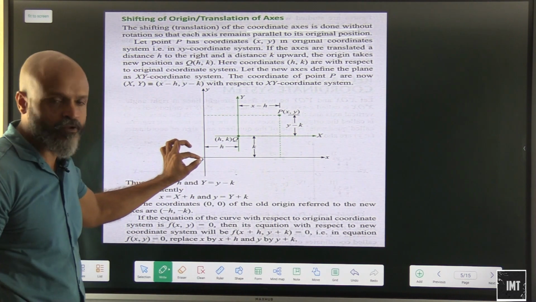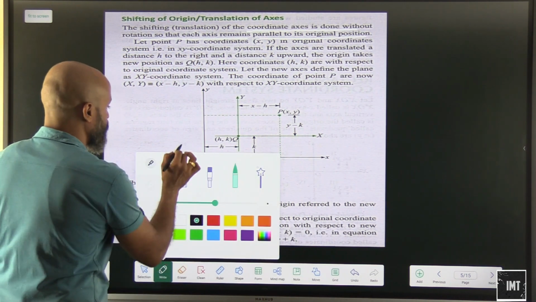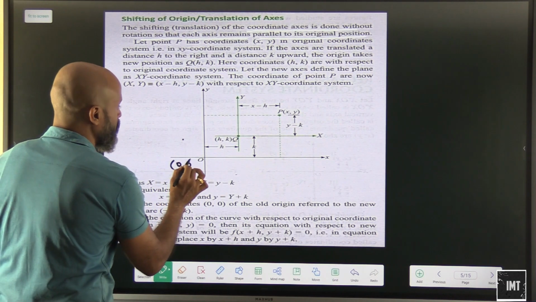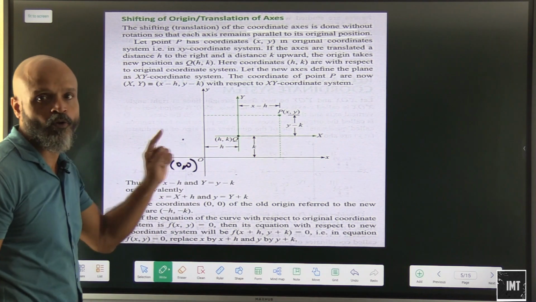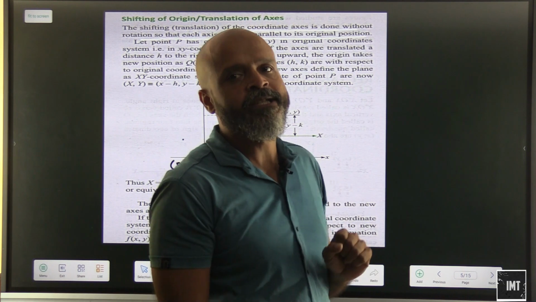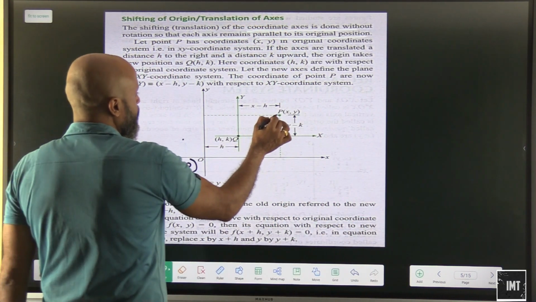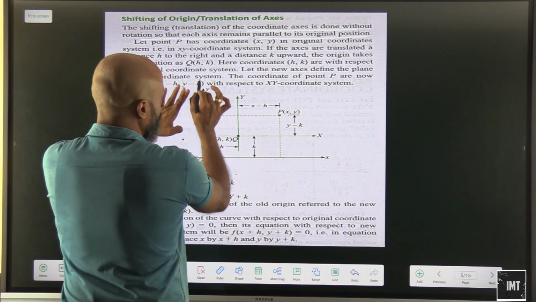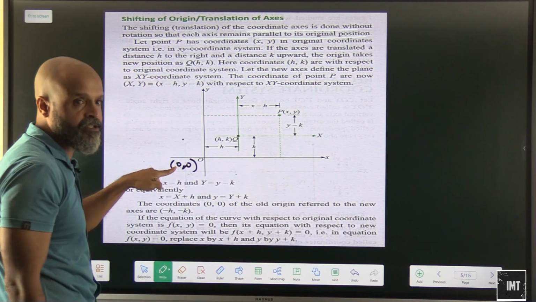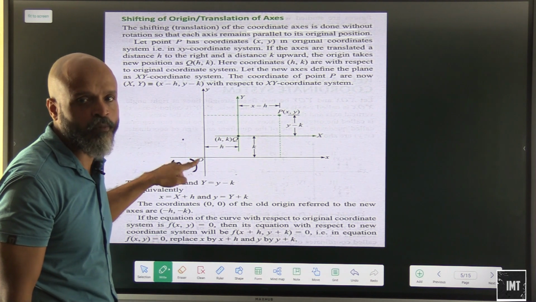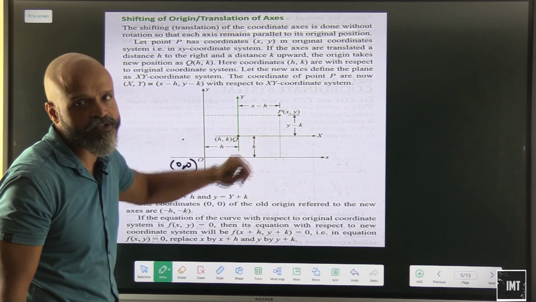So let's say this is the origin, which has coordinates 0 0. The origin has been shifted to a new point. Instead of 0 0, now the point is h k. So let's say with respect to the original coordinates, which had its intersection point at 0 0, the coordinates were x and y.